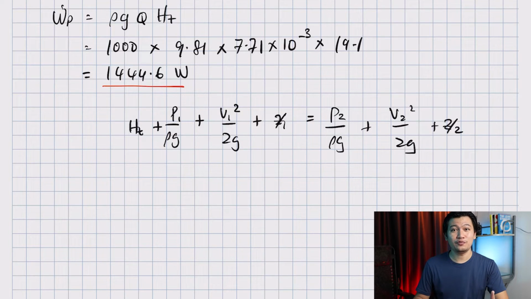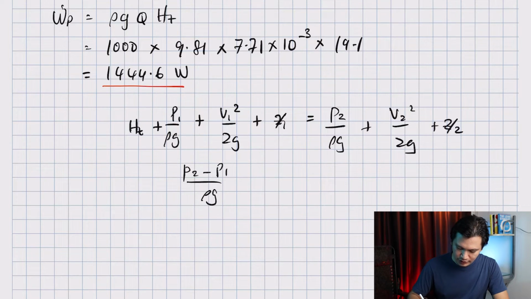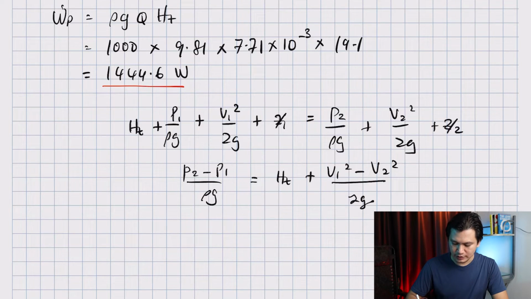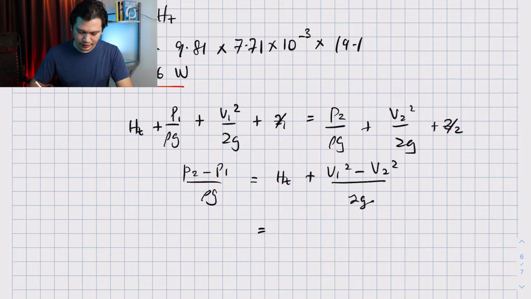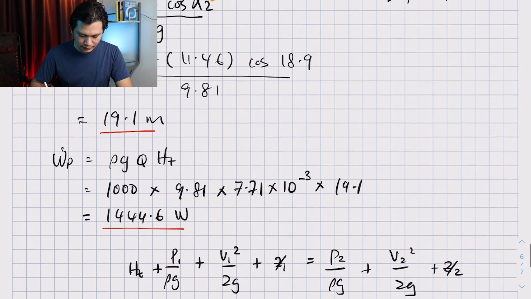Now, can you find P2 minus P1? Of course you can. So P2 minus P1 divided by rho g is equal to HT plus V1 squared minus V2 squared over 2g. Our HT is 19.1, if I'm not mistaken.